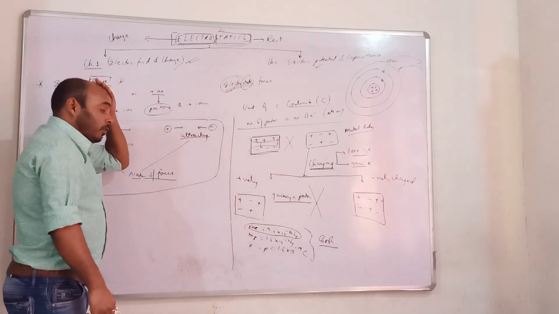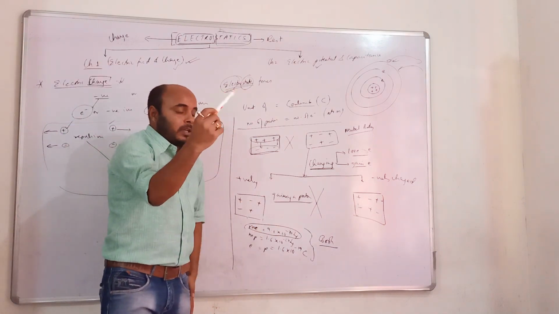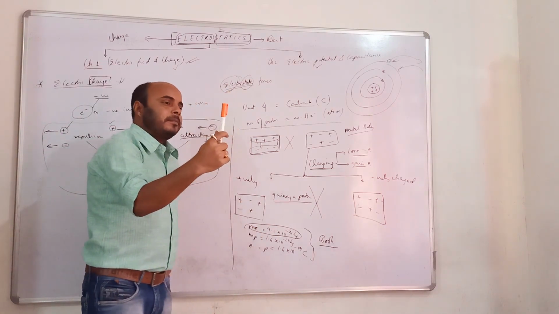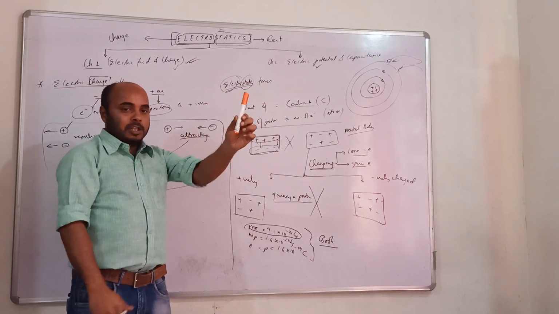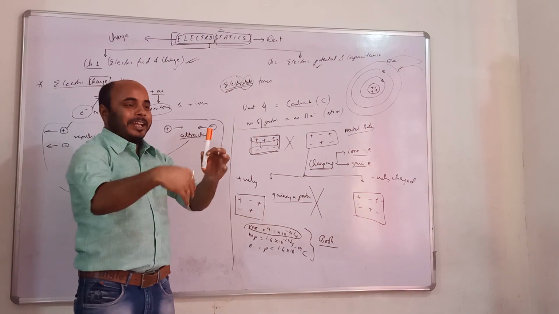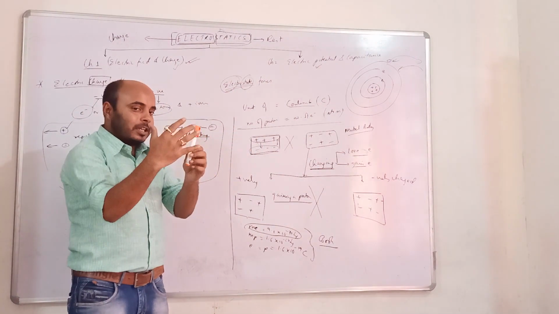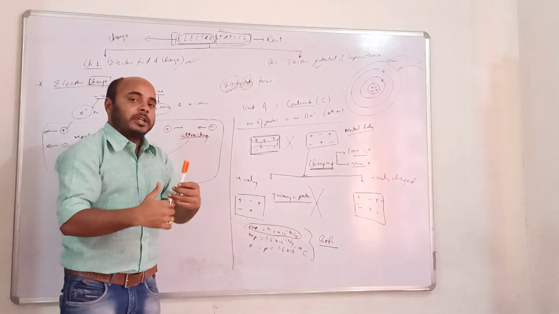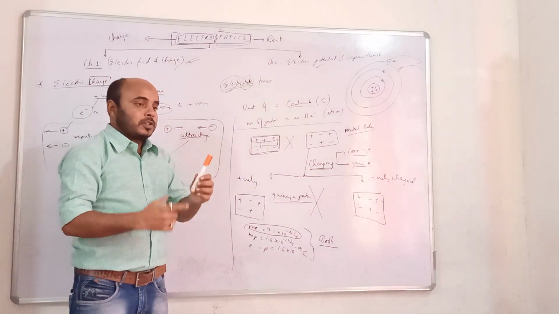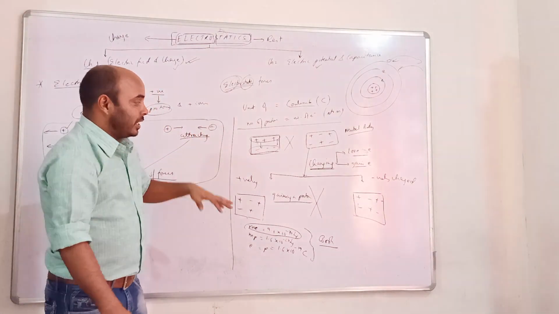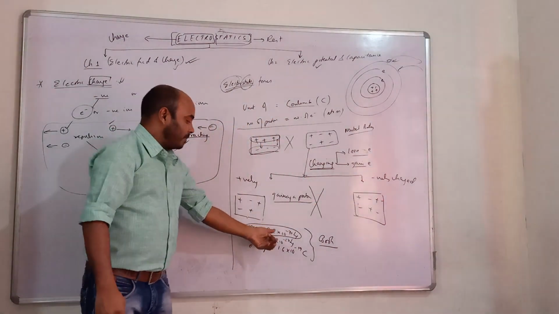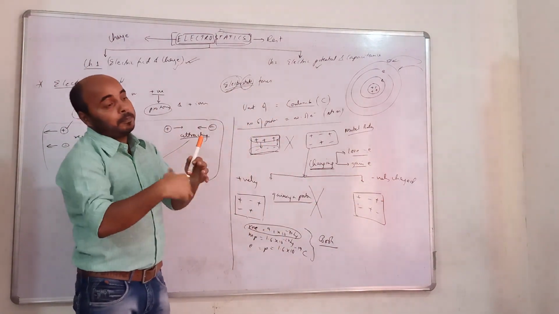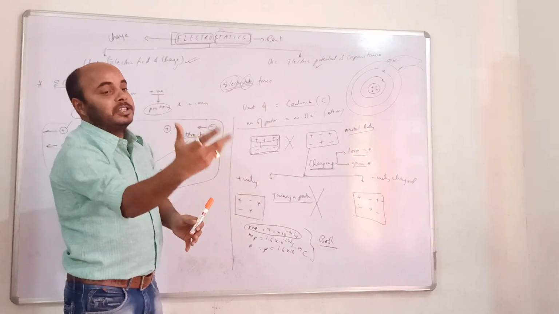Now, what I was doing: this is a pen, this is a marker. This marker is a neutral body. It is becoming a negatively charged body. That means it is gaining an electron, one electron or two electrons. So its mass will increase, because an extra electron is coming into the body, and each electron has some mass. That means this marker's mass will increase.